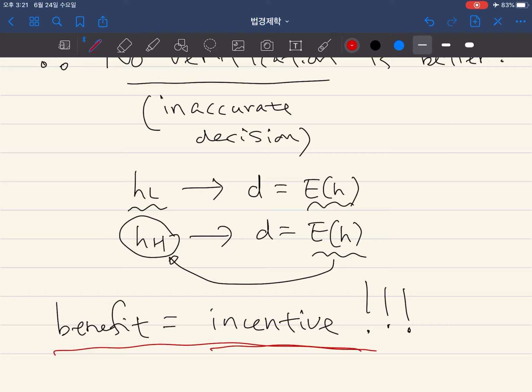So we shouldn't try to improve accuracy in our court. So up to here, we thought about whether, if there is a cost in improving accuracy in our court, we should try to improve accuracy. The conclusion is, if there is a desirable incentive effect, which is our benefit, then we should try to improve accuracy, but otherwise we shouldn't do that.